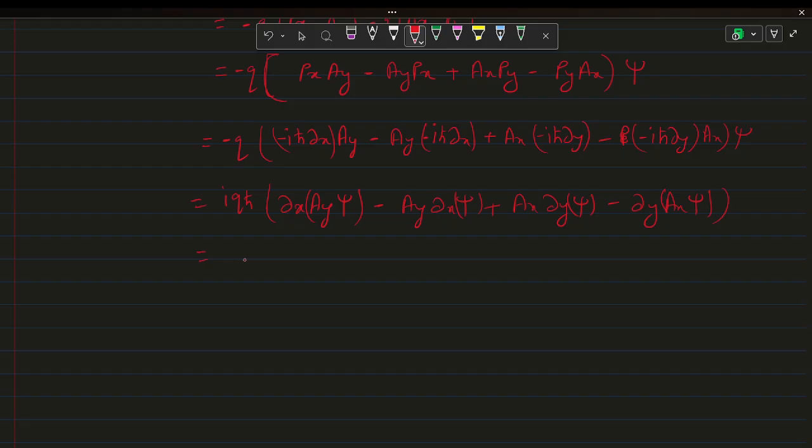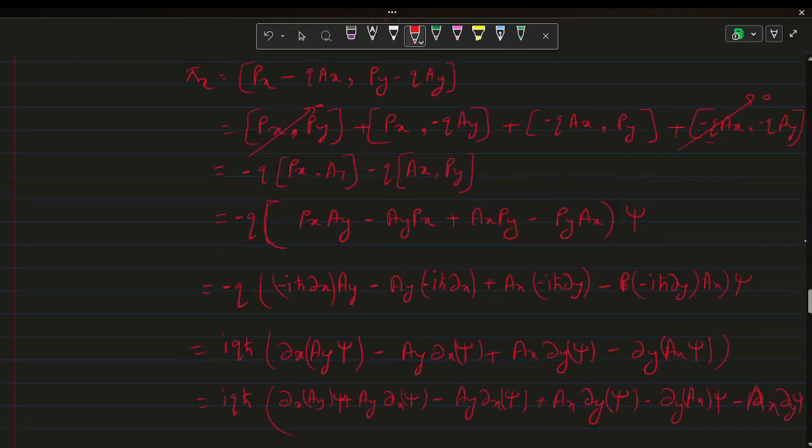Now I q h cut del x ay, this will give del x ay plus ay del x psi, minus ay del x psi plus ax del y psi minus del y ax psi, minus del ax del y psi.